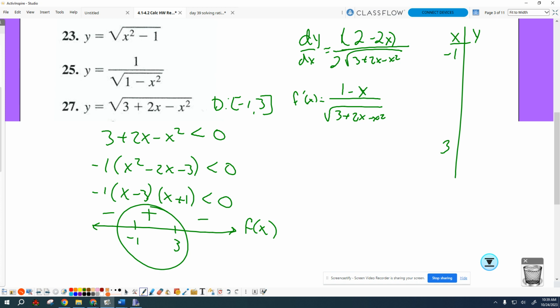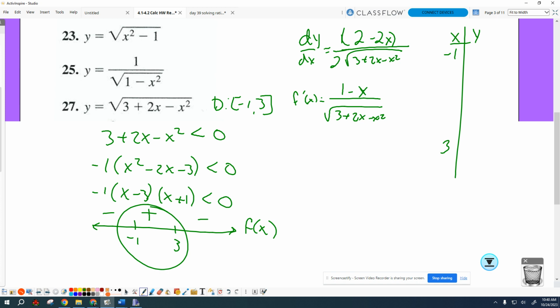For taking the derivative initially, wouldn't it be 1/2 times 3 plus 2x minus x squared to the negative 1/2? Right, that square root. So this to the negative 1/2 is that square root downstairs.